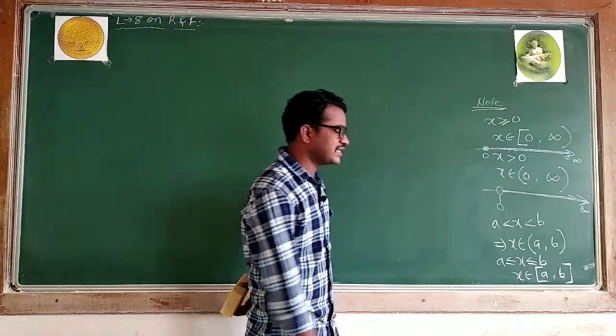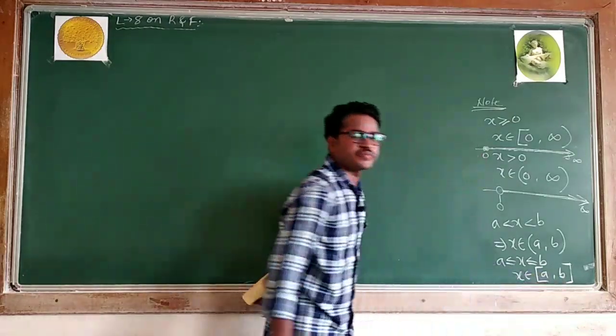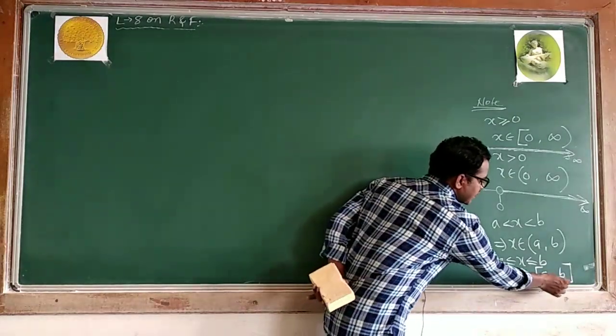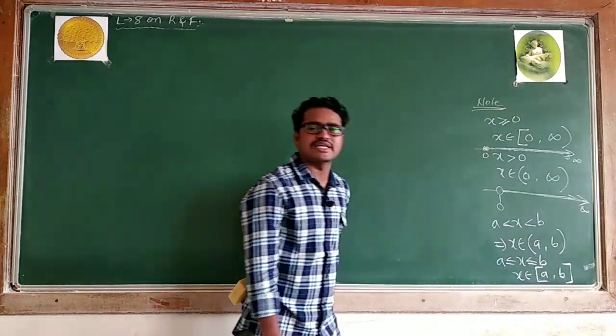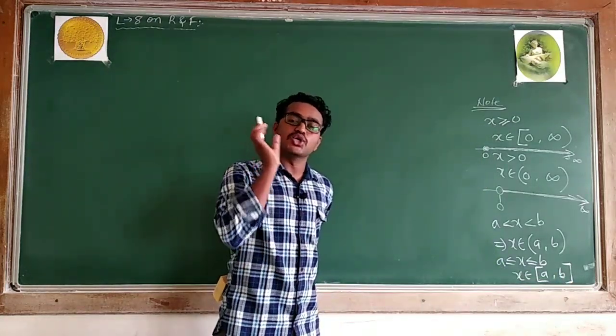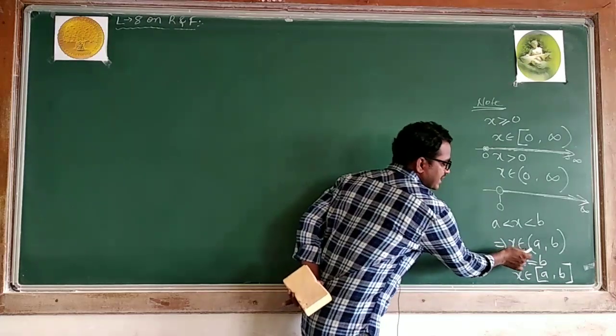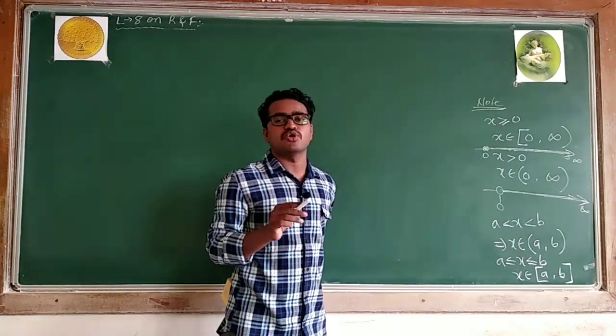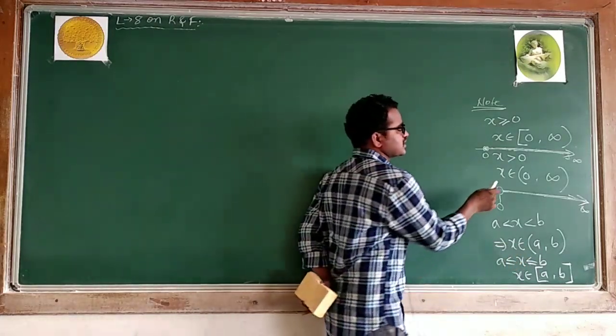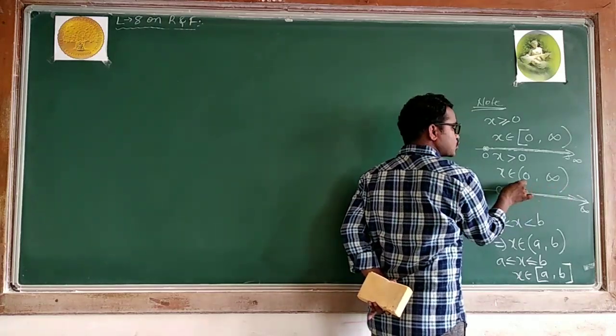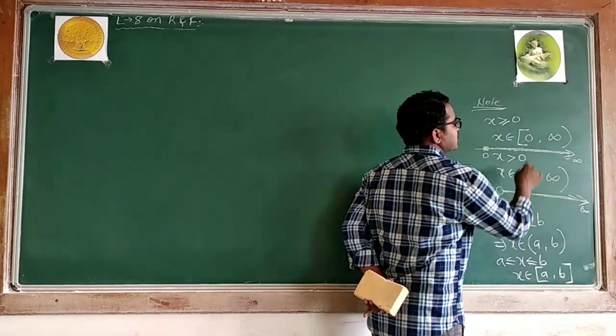You can take any point between a and b, also including a and b. A square bracket includes the boundary point. An open bracket excludes the boundary point, only in between. Here with open brackets, these two are excluded, so only what is in between.